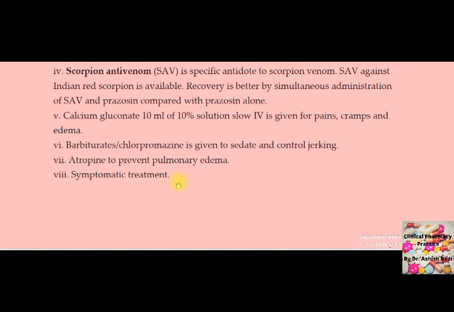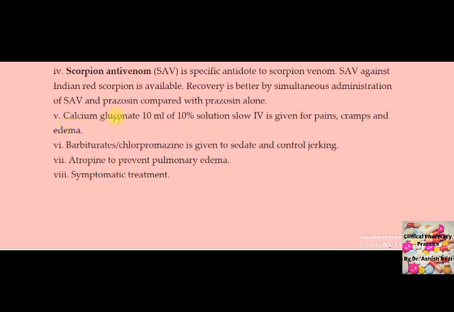For the red scorpion, we have anti-venom, which we call scorpion anti-venom, SAV. What is recommended is to give scorpion anti-venom with prazosin, and it has good efficacy. But if you use prazosin alone, it does not give you a good result.